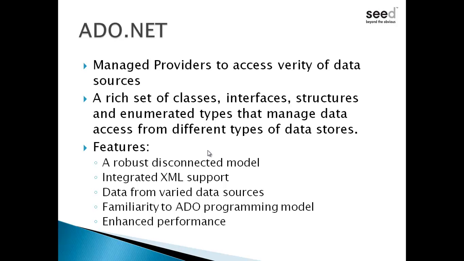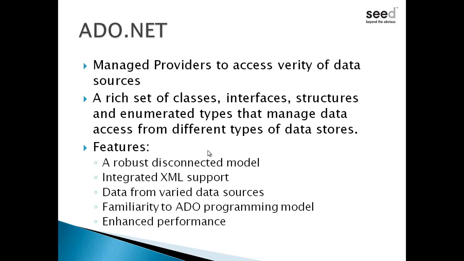Following are some features of ADO.NET. Let us have a look at it. A robust disconnected model, integrated XML support, data from varied data sources, familiarity to the ADO programming model, enhanced performance.